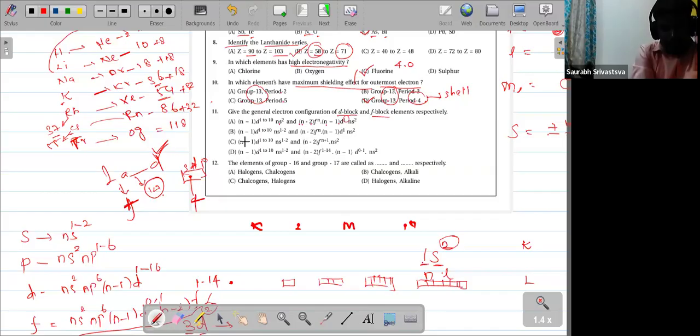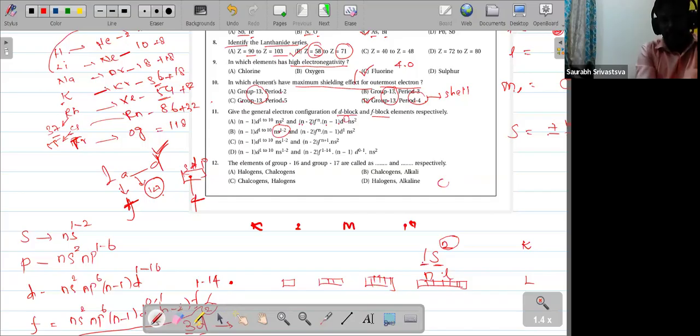Next point they given: (n-2)f, here 1 to 10, ns 1 or 2. This also is possible. When it is possible, I'll tell later: chromium. Suppose few elements only will exist. Chromium, atomic number... chromium no need, copper we will take.